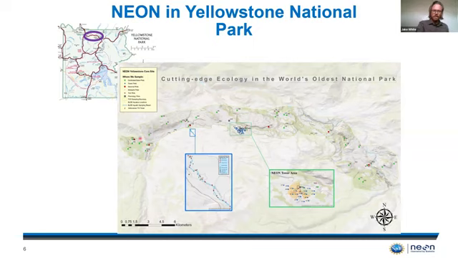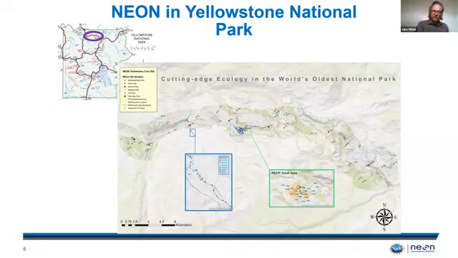You can see the grayed, shaded area. That's our terrestrial sampling area. We have plots all throughout there, and those little green and red dots are our plots where we take samples from. We're in the northern range of Yellowstone National Park, and we basically follow the Loop Road, more or less, from Undine to Tower Junction.